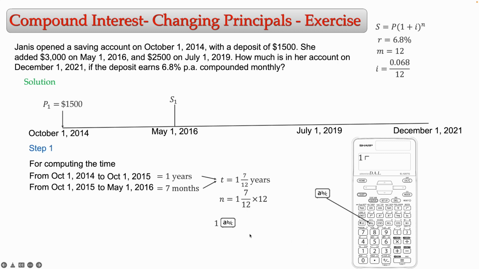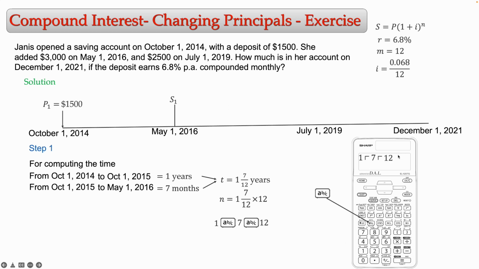When you press this key, these symbols appear on the screen of your calculator. That means you're writing a fraction. Then the other number of the fraction is 7, so you type 7. And then again fractions, so over 12, you press fraction and type 12.